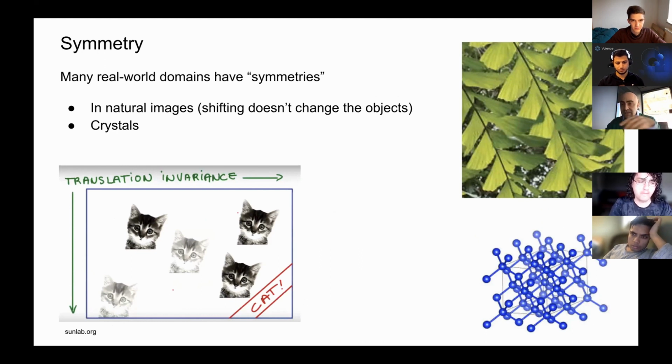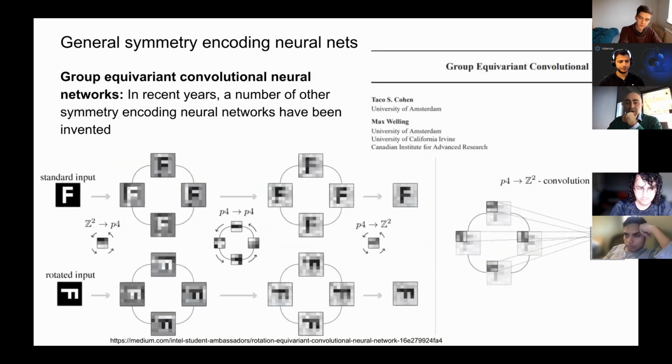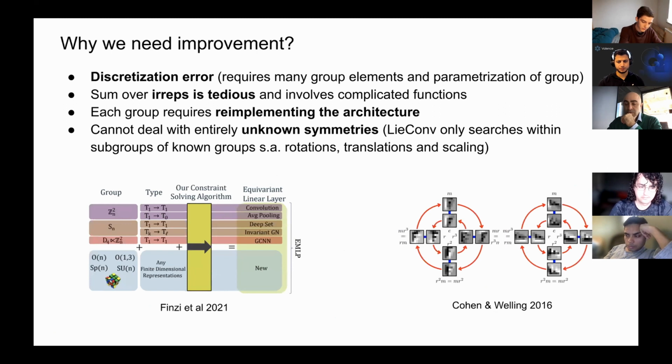It's not exactly the same as what I'm going to talk about, but our idea was: instead of discretizing the group, can you have a construction that generates a sufficiently large set of group elements from a very small number of parameters, without having to encode the group elements directly into the network? That is the idea behind what we try to do.